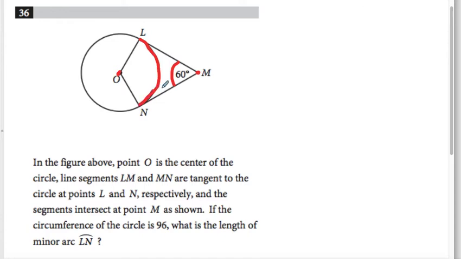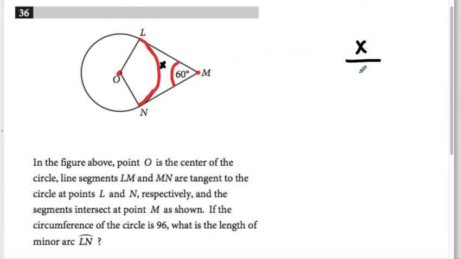And we've got to remember that the length of the arc is a proportional relationship to the length of the whole circle, or the circumference of the whole circle. So if that's a proportional relationship and 96 is the circumference of the circle, I'm going to call that length x. So I'm looking for x.